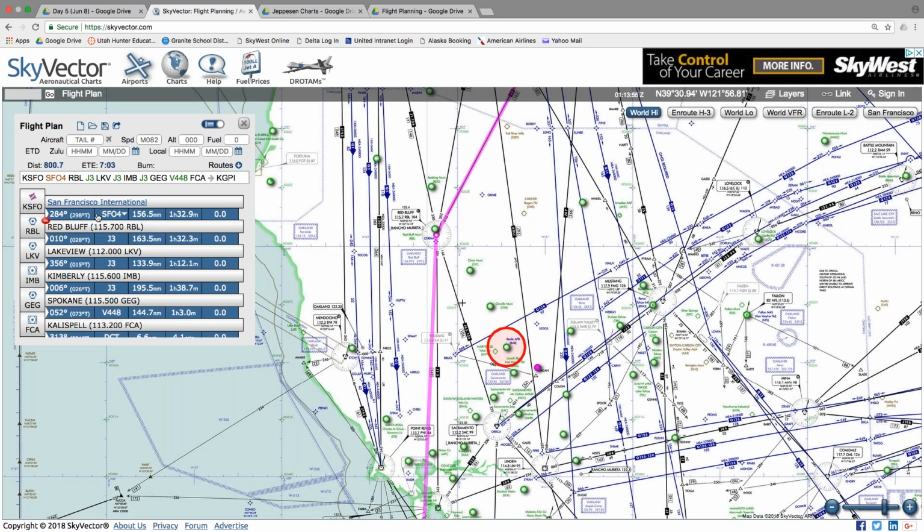The problem with airlines is you have to have approved sources for weather. You have to have approved sources for flight planning that the FAA has to vet. Skyvector, as far as I know, isn't vetted by the FAA.